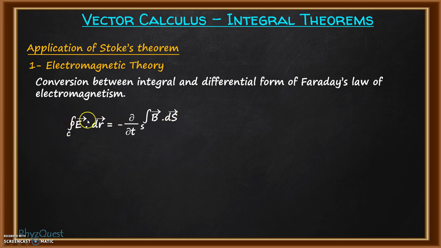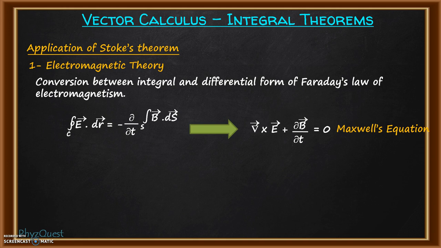Now if you apply Stokes theorem here, this line integral can be easily converted to a surface integral, that is del cross E, and here we already have a surface integral, so we can say this is del B by del t taken over the surface S. So if we compare both sides, or take this term to this side and ultimately remove the integral, we get the differential form of Faraday's law, which is del cross E plus del B by del t equal to 0. So this is one of Maxwell's equations.